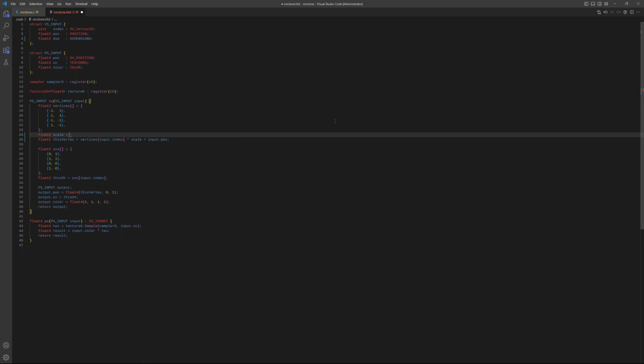Well, if these dimensions were 1, then scale would be the dimensions, but as it stands, it's more like input dim times 0.5. So, like, if the dimensions are... Wait, hold on.